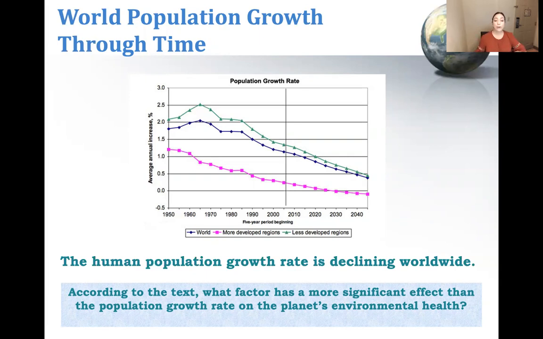Now, I wrote here, according to the text, which factor has the most significant effect on the health of the planet's ecosystems? That would be not so much human population size, but consumption. How do we consume goods? So let me write that here.